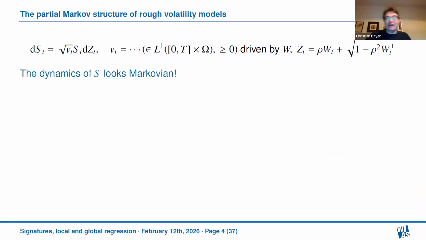As a certain aside, I want to go a little bit deeper into the example of rough volatility models, also maybe in the context of, does the memory really matter? Because you might think it does not. The reason is that, in a way, if you look at rough volatility models, we have, as we saw, this classical stochastic volatility dynamics on the stock price process.